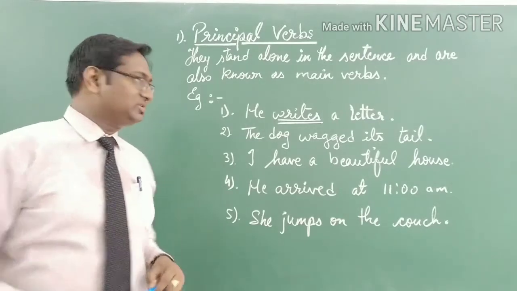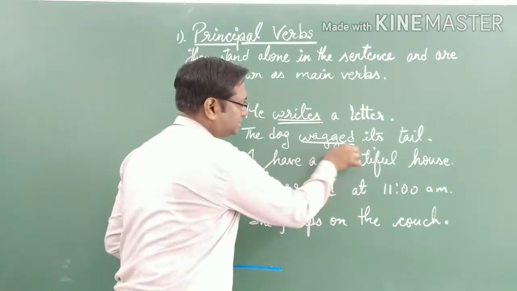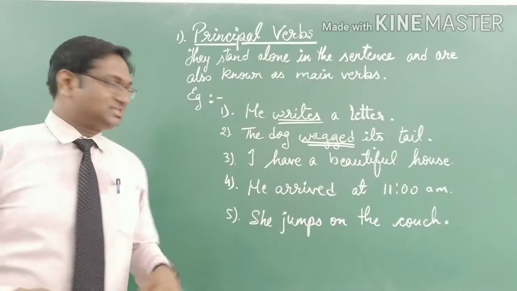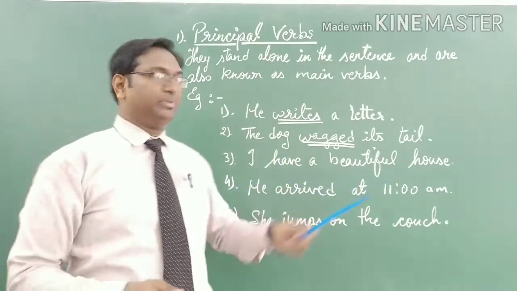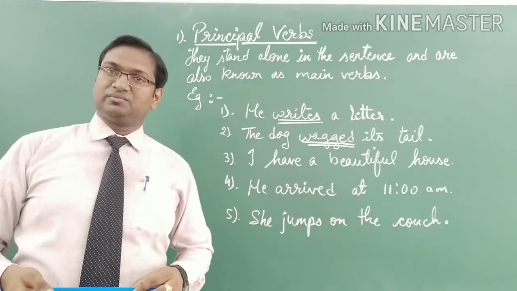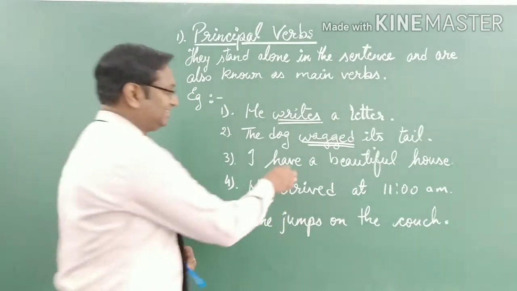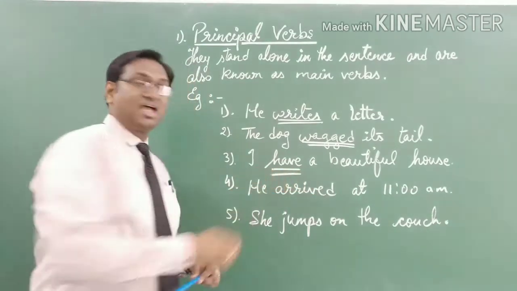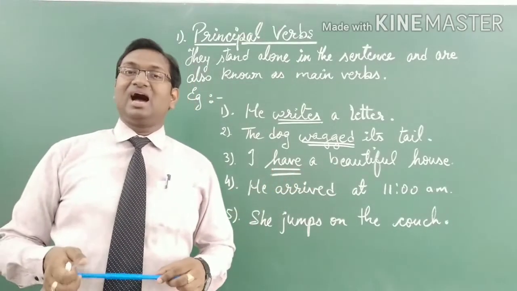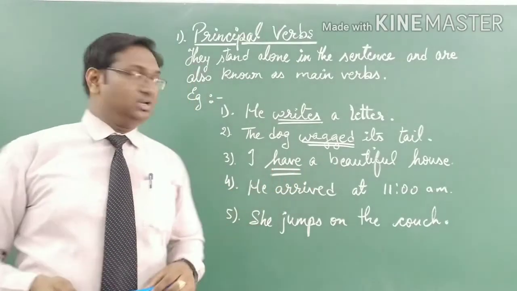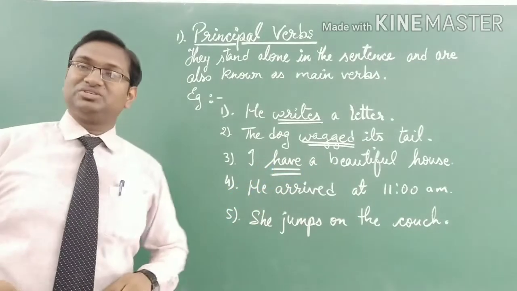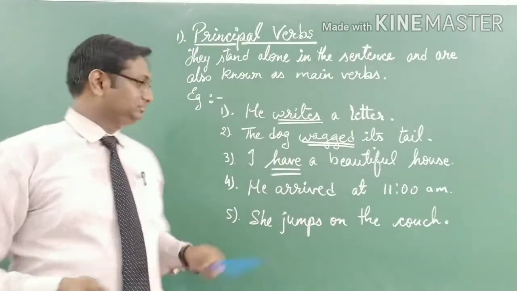And what is that action? Wagged. Next, I have a beautiful house. Now over here, verb is have. I have a beautiful house. So have is your verb.